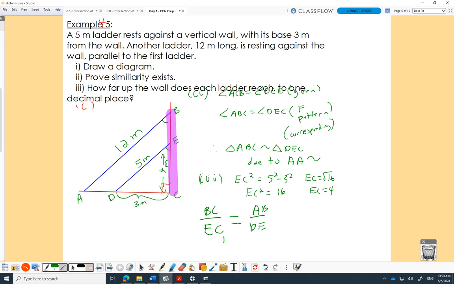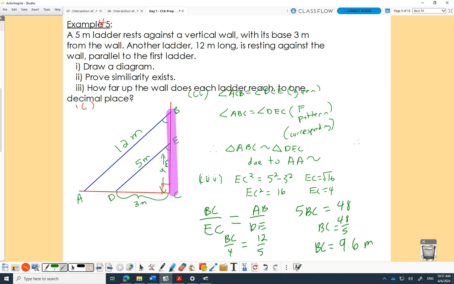BC over 4 equals 12 over 5. Yeah, it's not a nice multiple this time, is it? 5 BC equals 48. BC is 48 over 5. BC equals 9.6 meters.